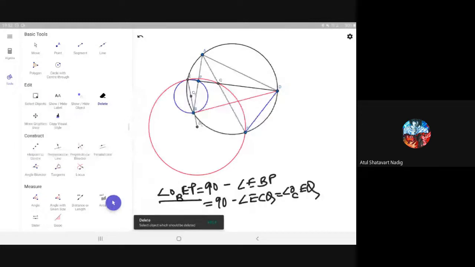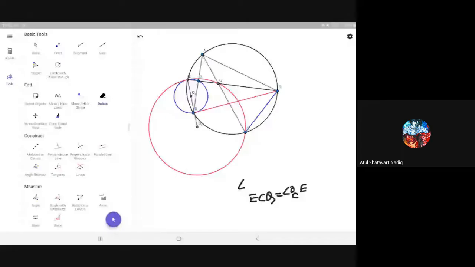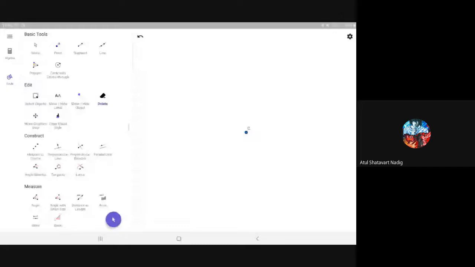Next problem is Russia 2021 10.8. Actually, give me a minute to draw this because it is hard to draw.